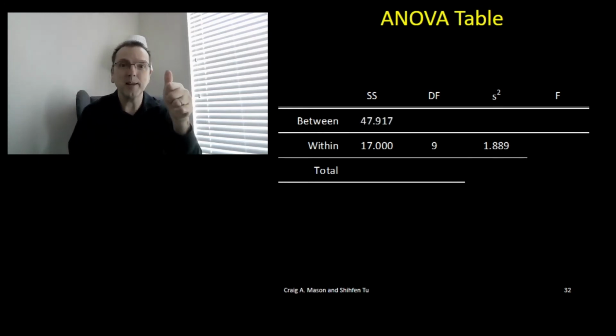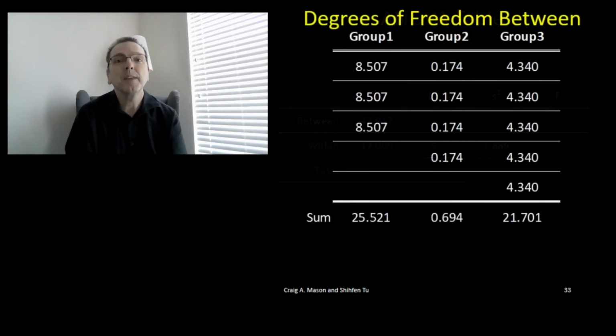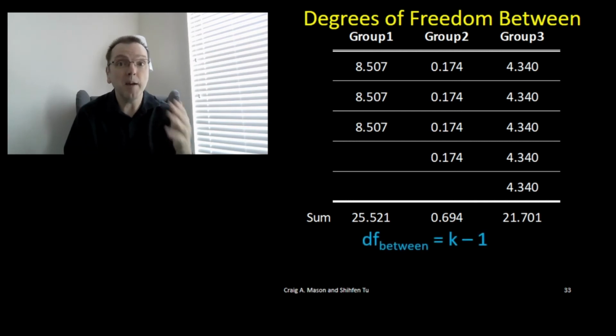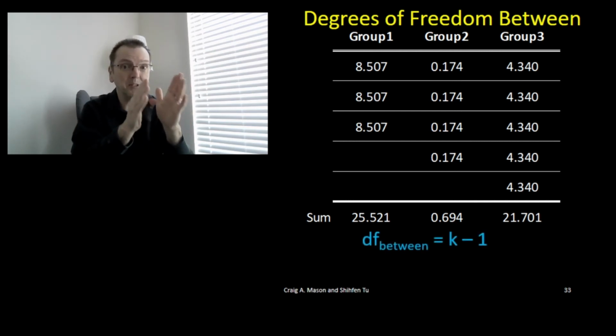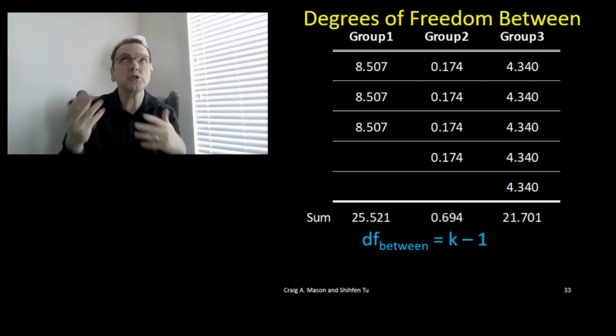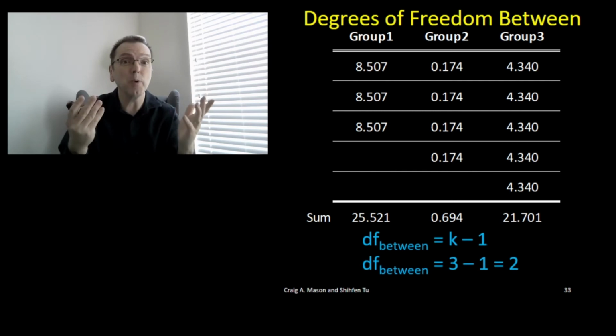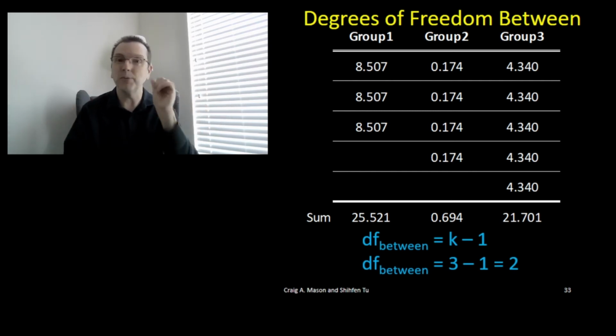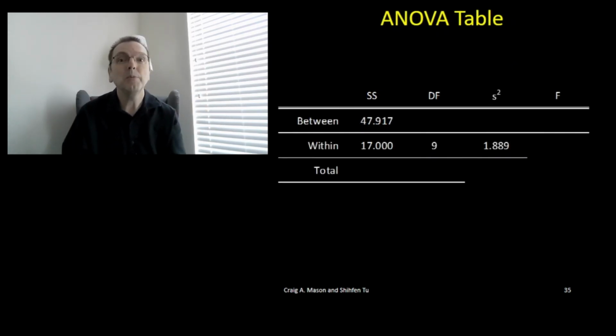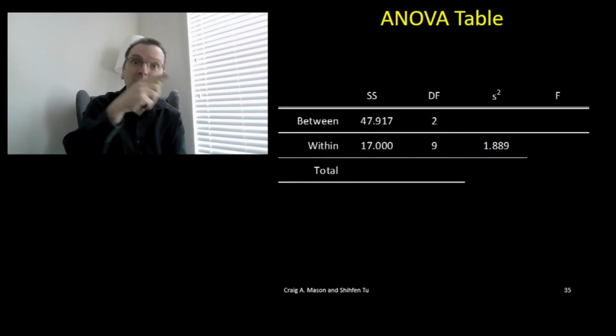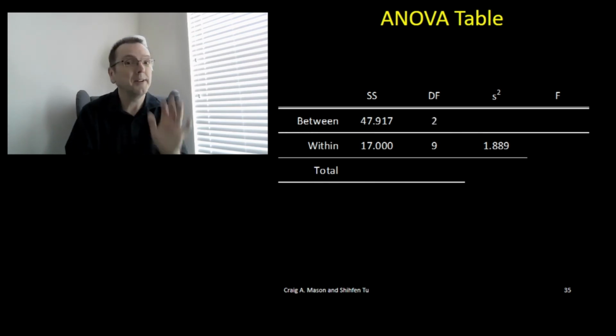And we're ready to keep moving. Now, the degrees of freedom between is simply the number of groups. Remember, that was k, equal to 3, minus 1, which in this data works out to be 3 minus 1, which is 2, right? So let's enter that into the ANOVA table as well, and we'll keep plugging along.